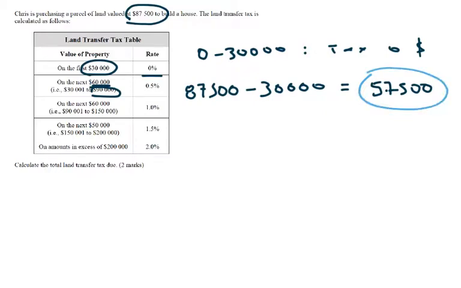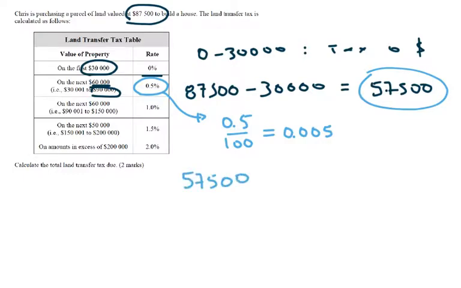Okay, so for the $57,500, he's going to pay tax that is going to be 0.5%. So that's 0.5%. I need to divide it by 100 to get it into decimal form, so 0.005 here, and then multiply the two. So the $57,500 times the 0.005 gives you 287.50.